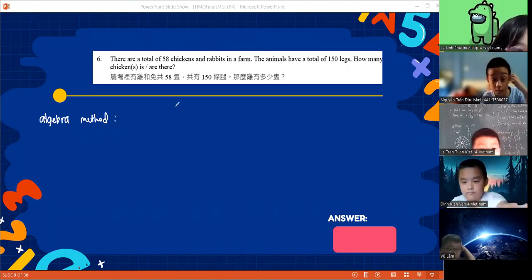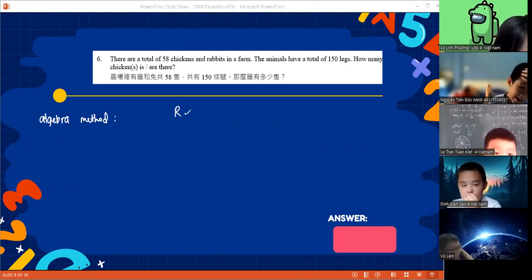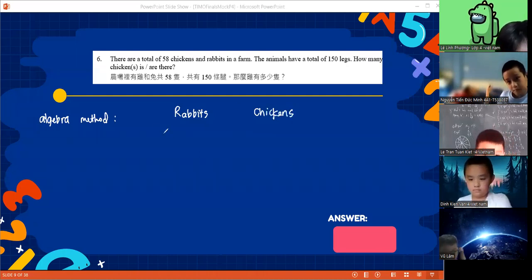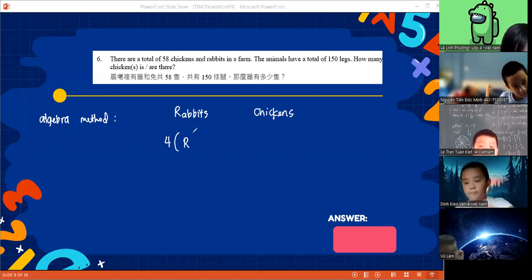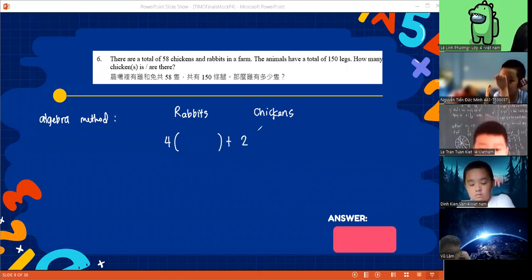For your algebra method, to make it simple, you have the rabbit and the chicken. Your rabbits have 4 legs, so 4R. Your chickens have 2 legs, so 2C.